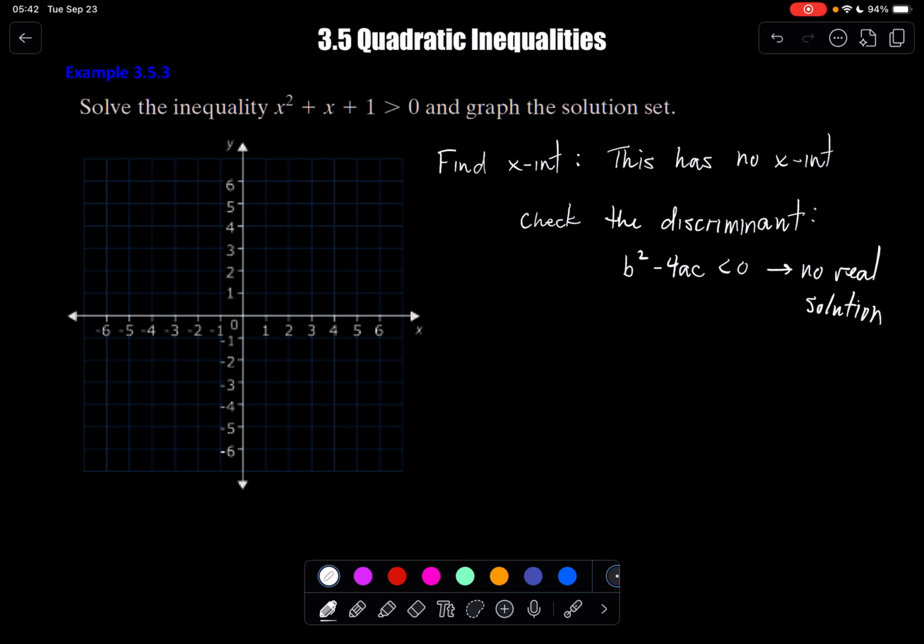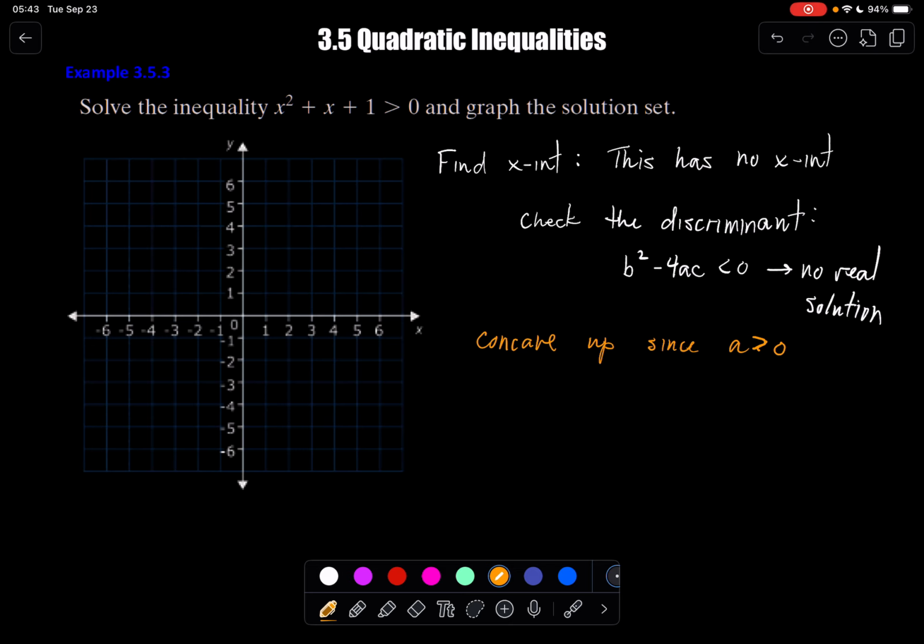But you could also graph this fairly quickly in your calculator. This is going to have no x-intercepts, and it opens upward, since the leading coefficient, a, is greater than 0, so it's concave up.